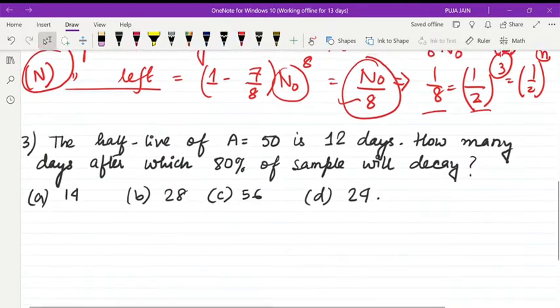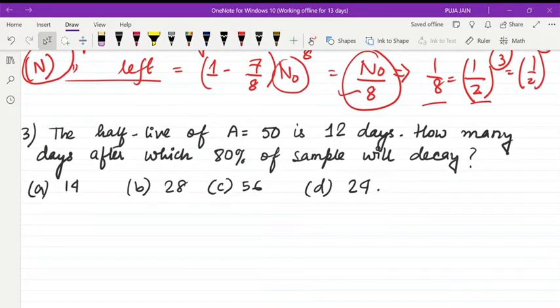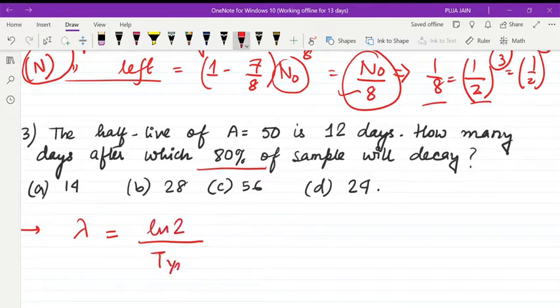Okay, next question. The half-life of an element A is 12 days. After how many days will 80% of the sample decay? For this we need to know that lambda, the disintegration constant, equals ln2 by T half.